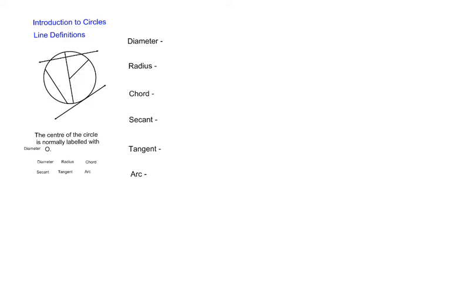So now we're going to talk about the diameter. A diameter is a line that passes through, or let's say joins, 2 points on the circle, through the center.